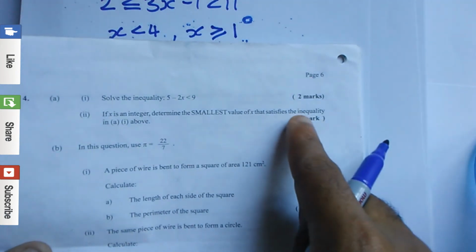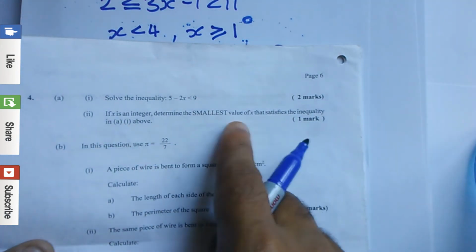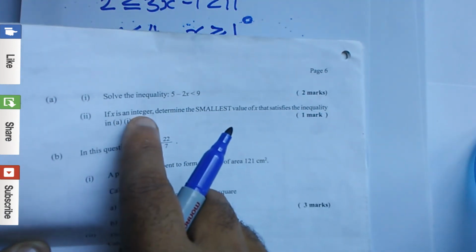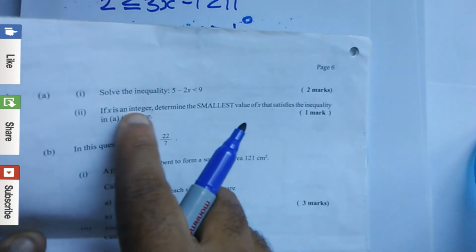Now the follow-up question, they said if x is an integer, determine the smallest value of x that satisfies the inequality in A1 above. So the smallest possible value of x that satisfies the inequality. Now they said if x is an integer, so you have to pay attention to the words that they use.